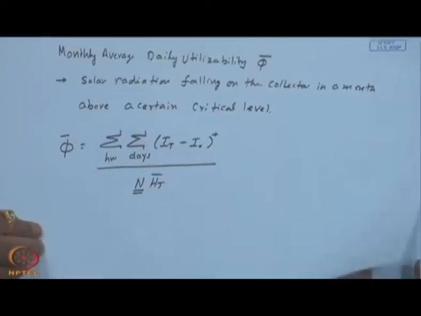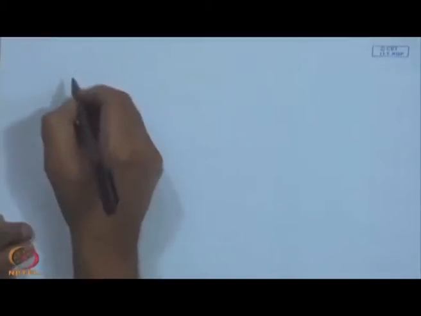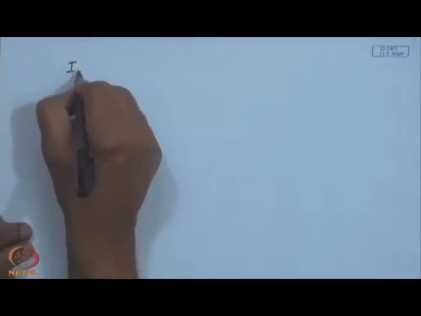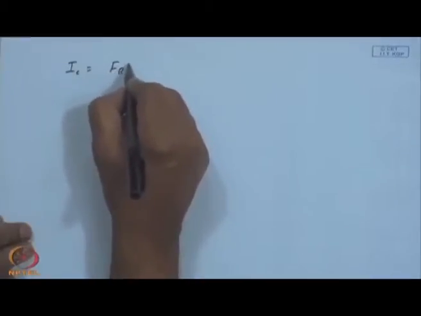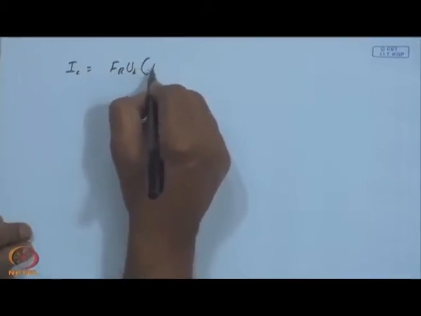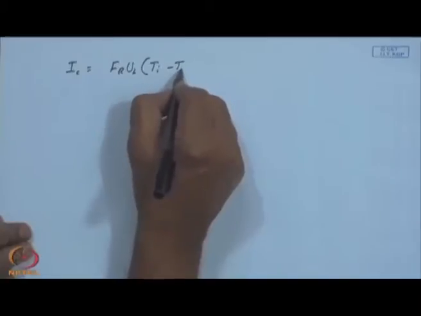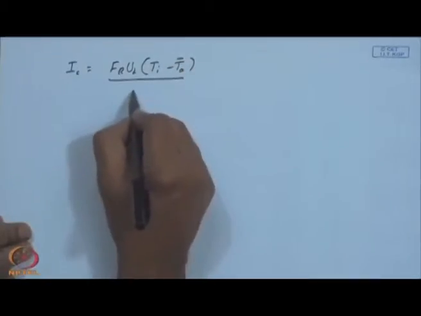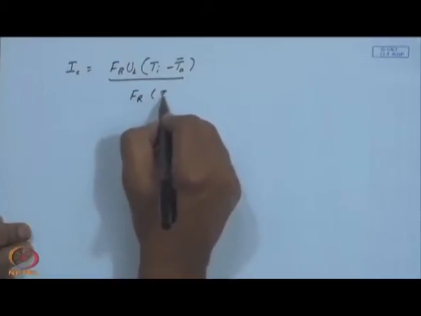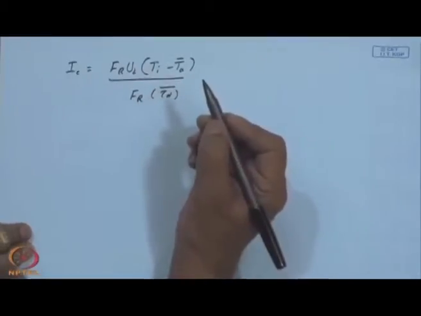And the critical radiation level corresponding to an inlet temperature of T I is defined as F r U L times T I minus T A bar as applicable for the month, upon F r tau alpha bar.